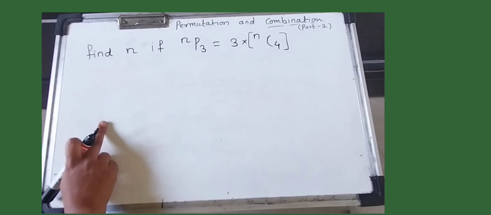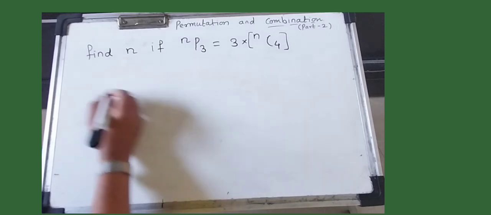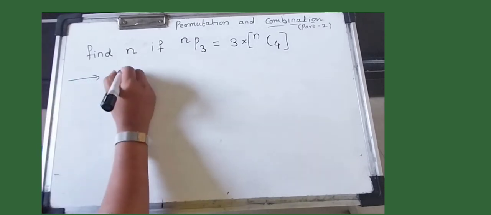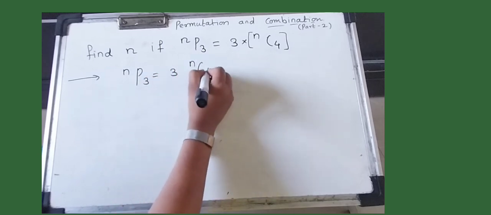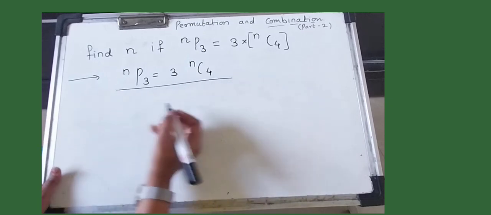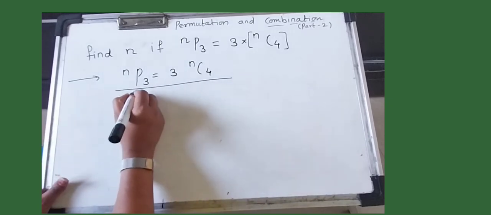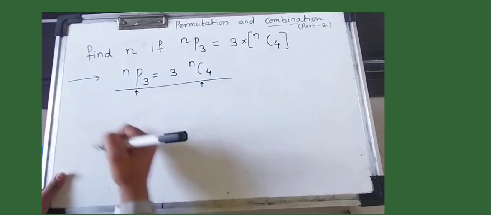Clear? See, nP3 equal to 3 nC4. What we know from this condition, we have idea about only permutation and combination. Okay, fine.